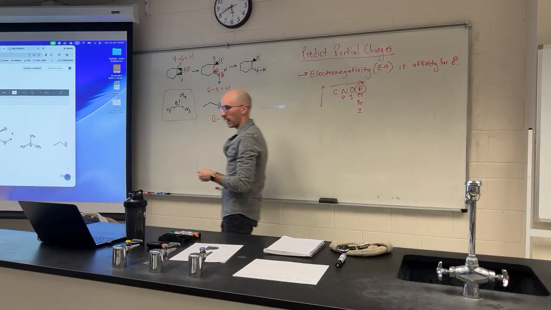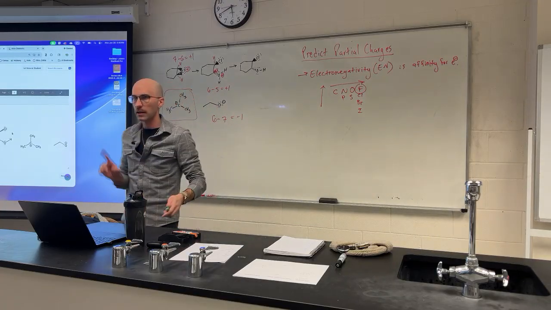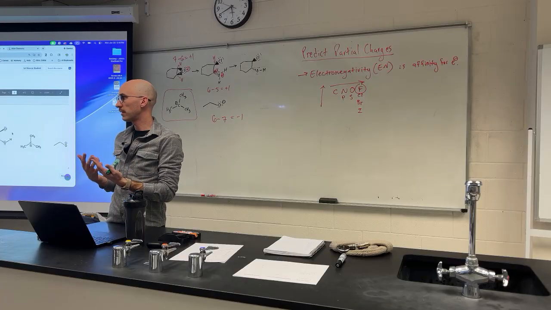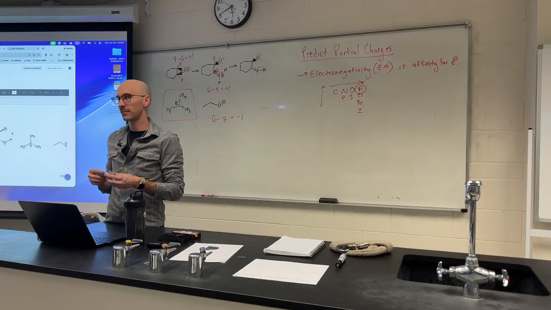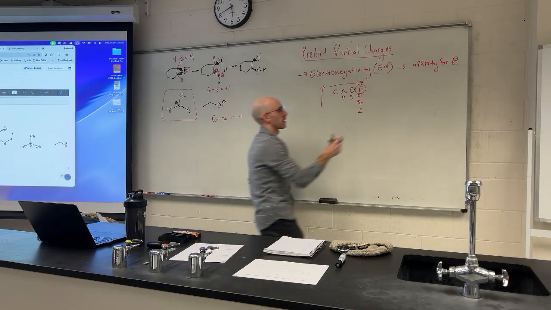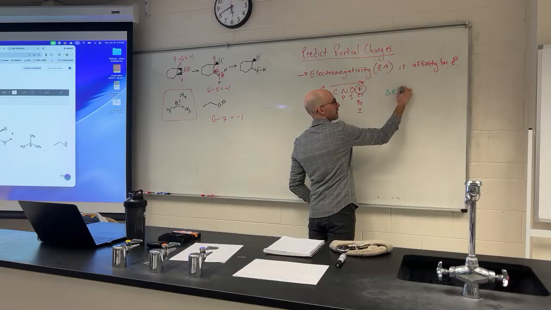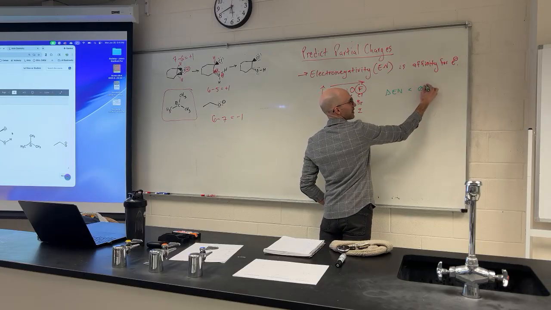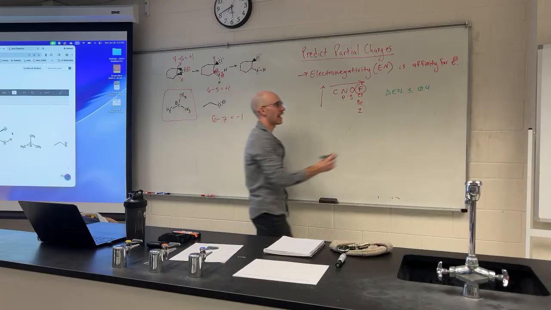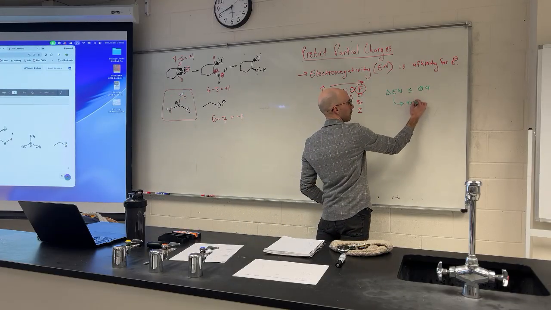So, if two atoms are covalently bonded, meaning they share electrons between them, but they have a difference in electronegativity, then we can predict partial charges. If the difference in electronegativity is less than 0.4, we call this a nonpolar bond.